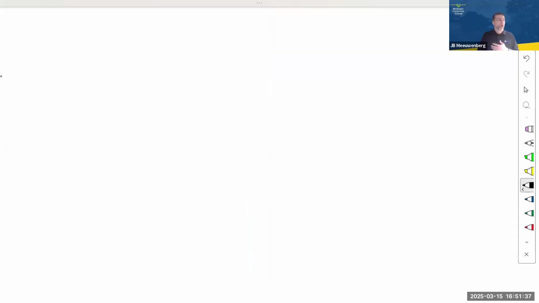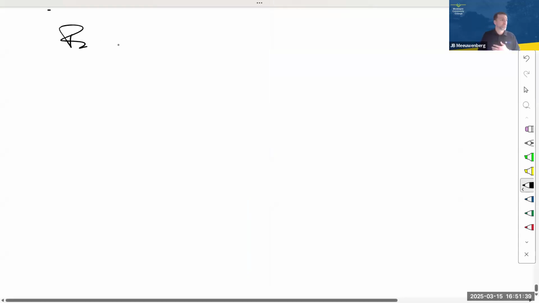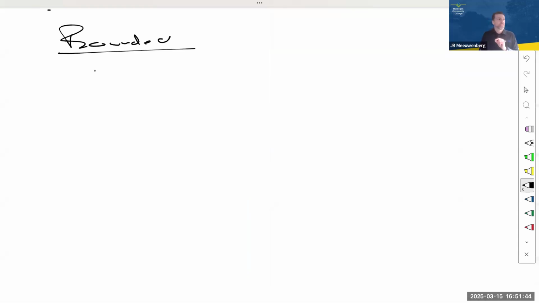Decimals can be rounded in a number of different ways. We can say we want to round by and then state some place value. We can say round to the nearest whole number, round to the nearest tenth, round to the nearest hundredth.